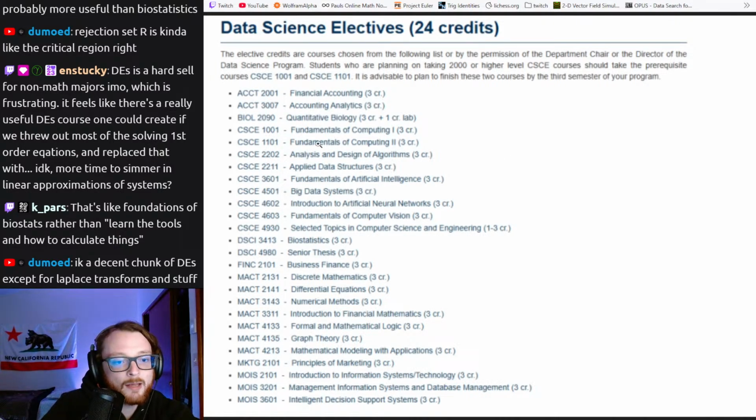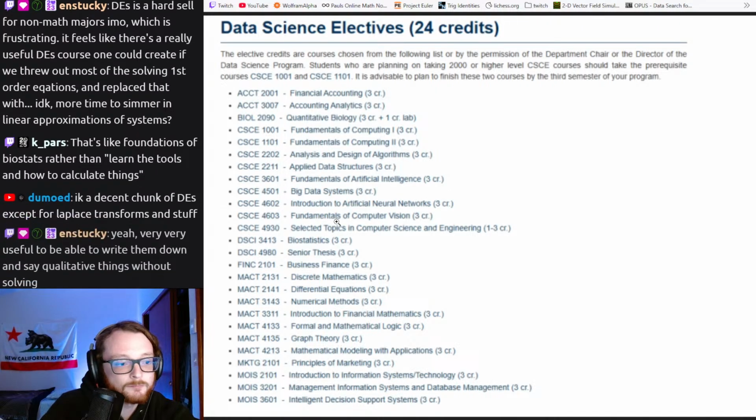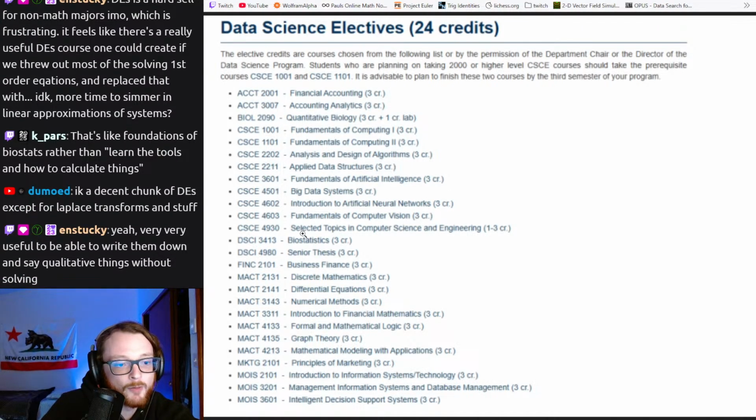So yeah, we've chosen four things that are really good and important to do from the CSCE classes. So you need to do two others. I would base these honestly off how good the professor is. It's like biostats, maybe business finance. I'm usually not too interested in stuff like that, but if the professor is good, that could be good. Discrete math could be helpful, but maybe not depending.